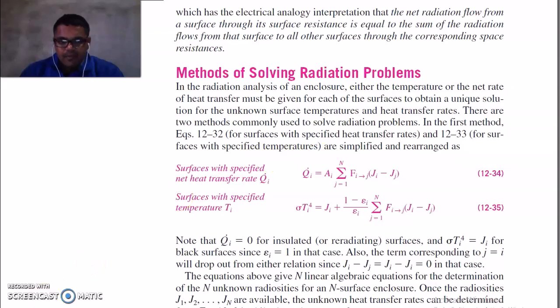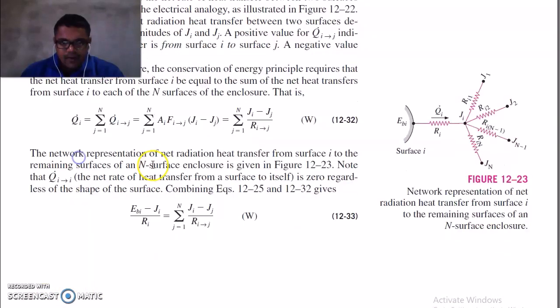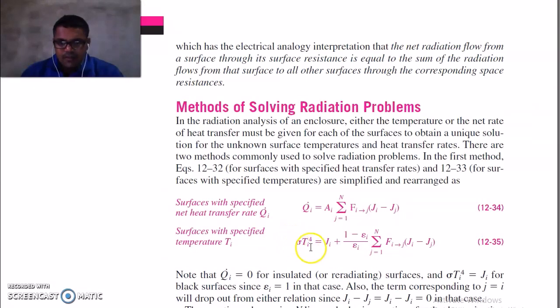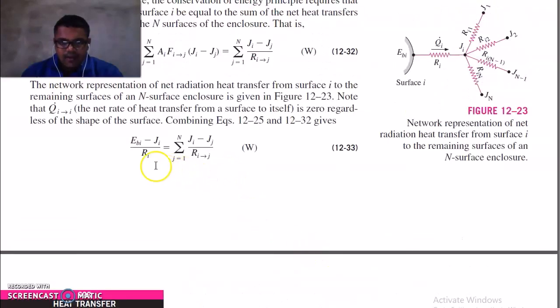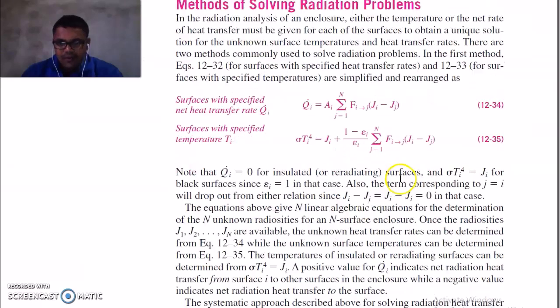In this case, heat transfer is specified. If you put the value of Ebi, that is the emissive power of a black body, which is equal to sigma Ti raised to power 4, and rearrange this equation and put the value of resistance R, which in this case is this, you will get this equation.